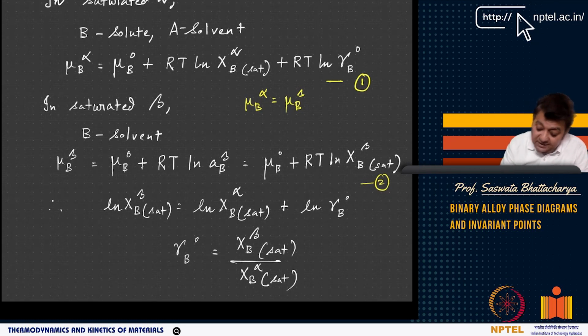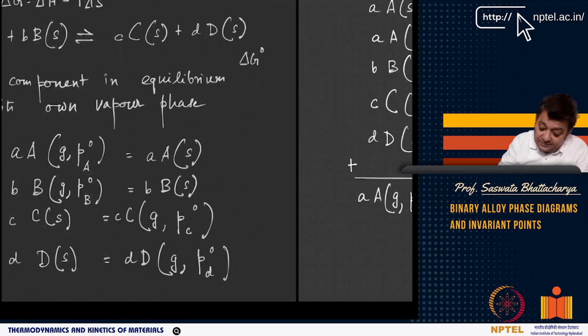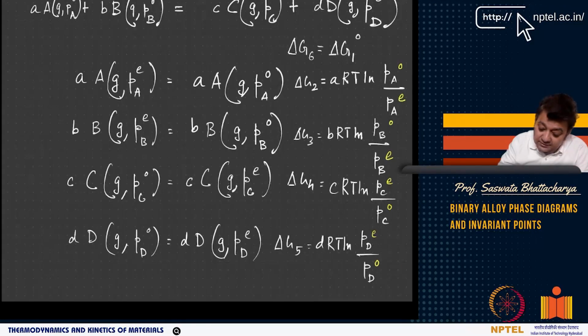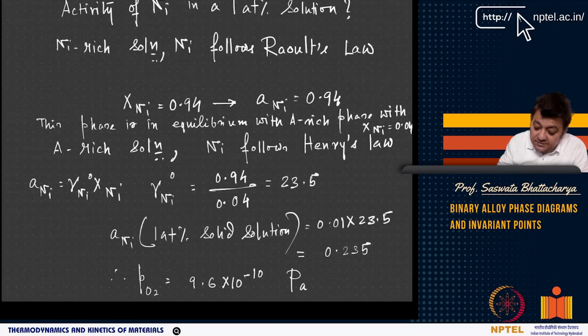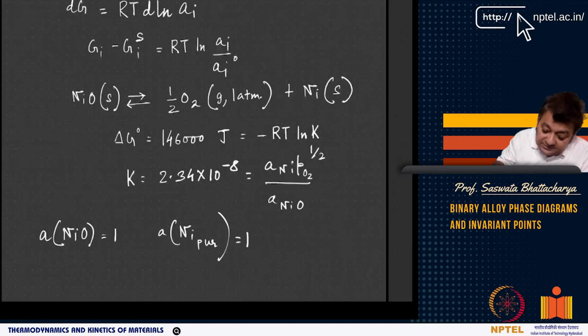XB beta saturation is 0.94 for nickel, where nickel is the solvent in solution. So XNi comes out to be 0.94.